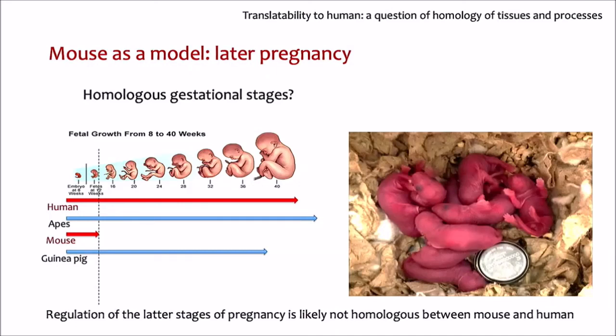So we cannot really stretch mouse pregnancy to the same length as human pregnancy and say, okay, mouse late pregnancy is the same as human late pregnancy, and compare that. That's probably not going to work. So I rather think that we have a comparability of the whole mouse pregnancy with the very beginning of the human one, and for the rest there's just no homologue.